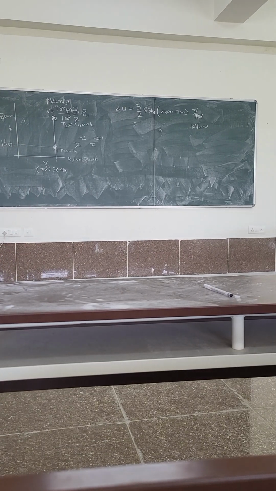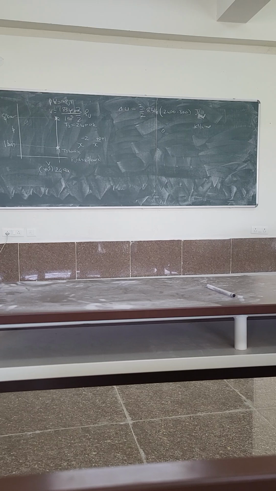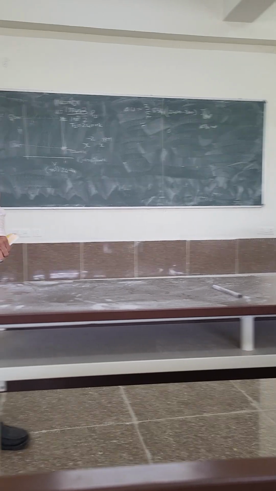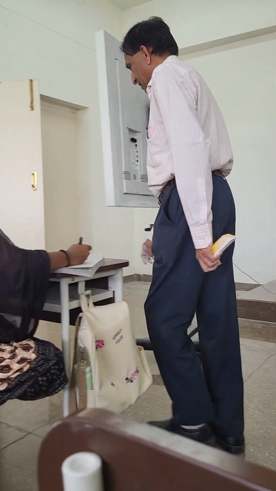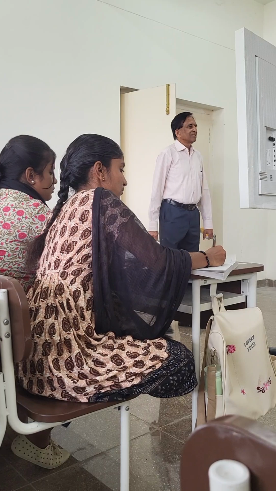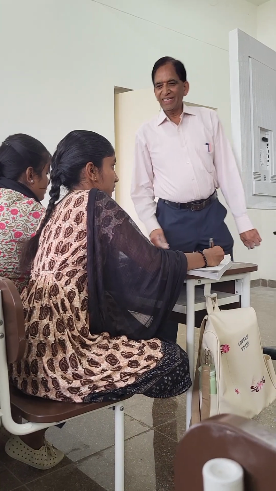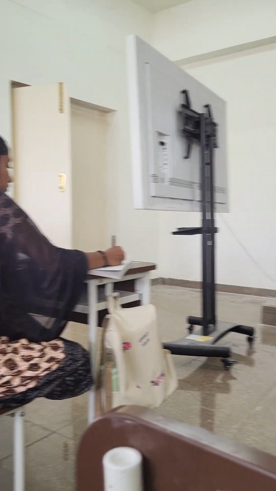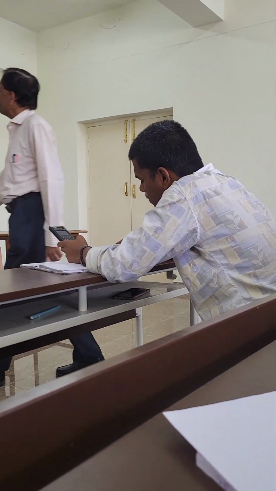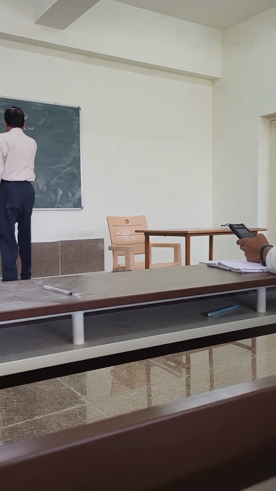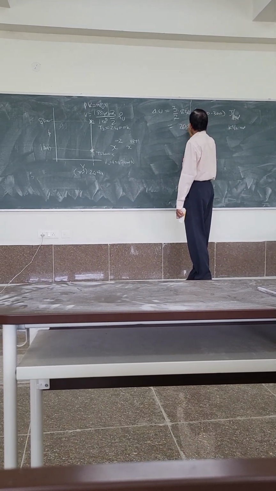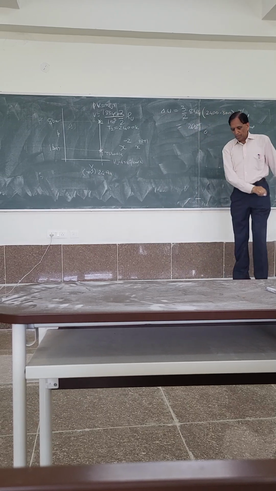Change in internal energy for a constant volume process. How much? 26189. Yes, you get a treat. That is kilojoules per kilomole.